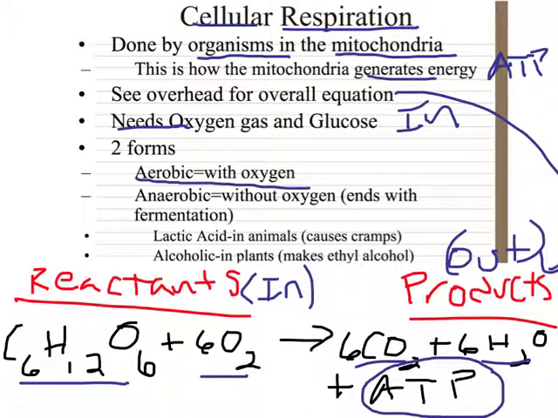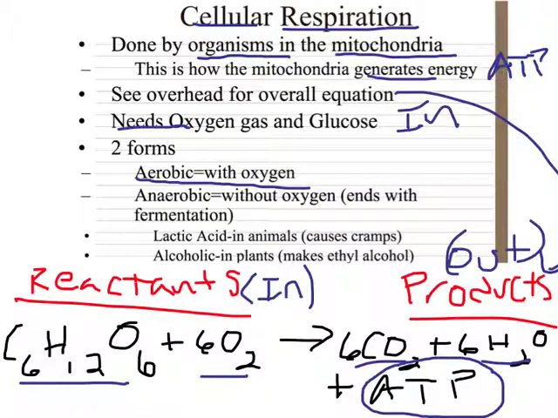Now, we'll worry in the next video about what the relationship is between this and the photosynthesis equation. For now, let's talk about the types of respiration then. You'll notice I highlighted aerobic respiration, that's with oxygen. That's what you're seeing in this equation, but some organisms don't have mitochondria, and they can do a different form of respiration.